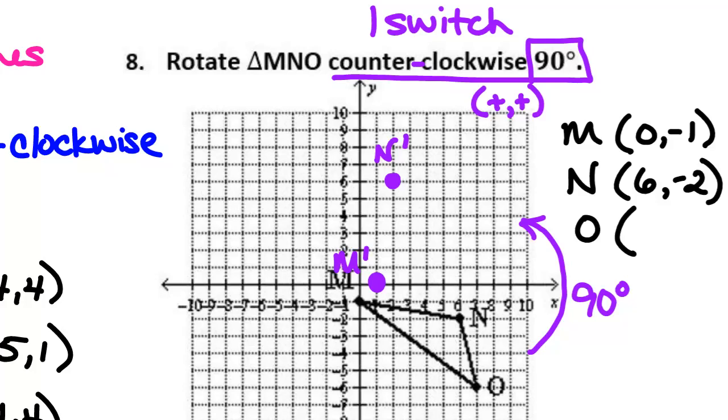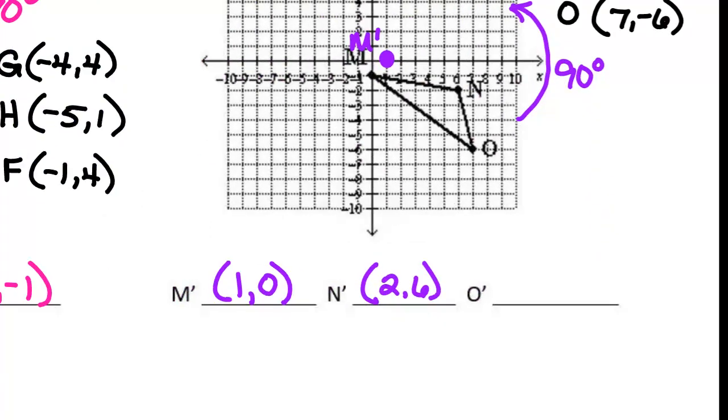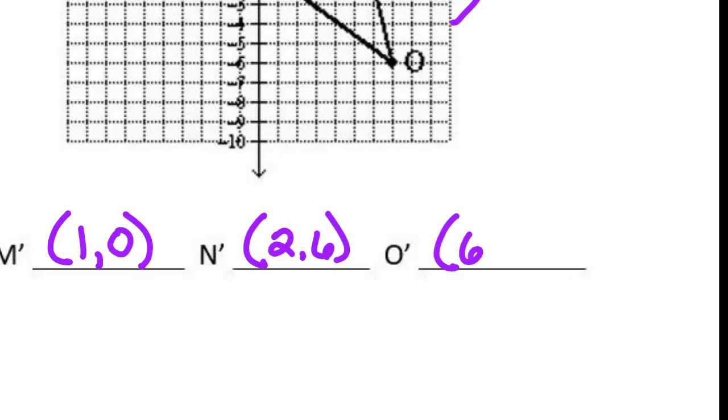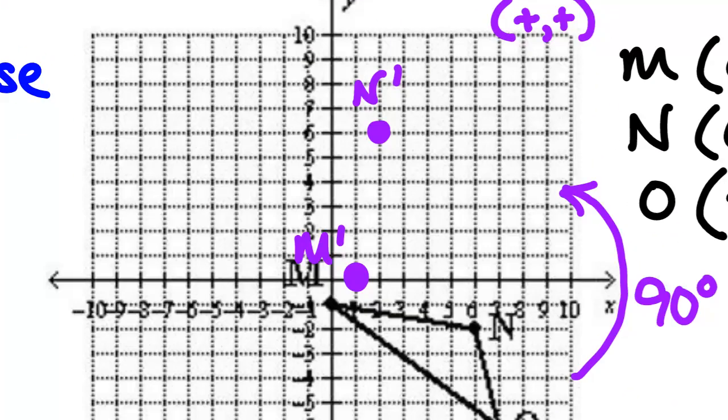Where is point O currently located? 7, -6. So O prime? 6, 7. Right here. There's my O prime. Grab my straight edge and connect those to get my rotated triangle.